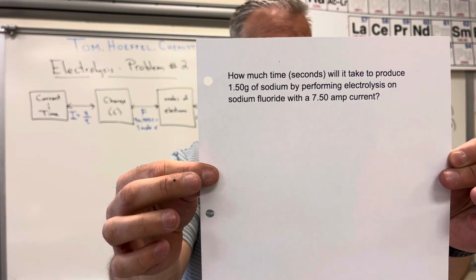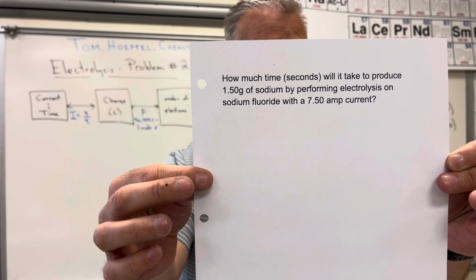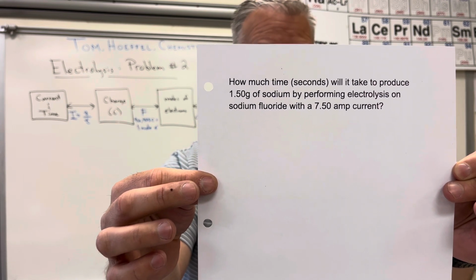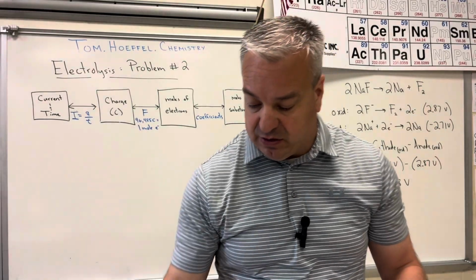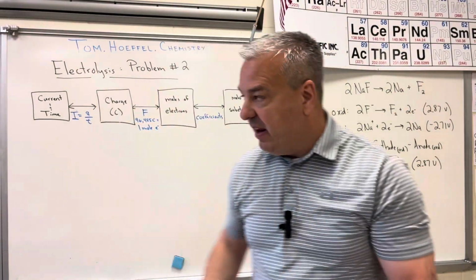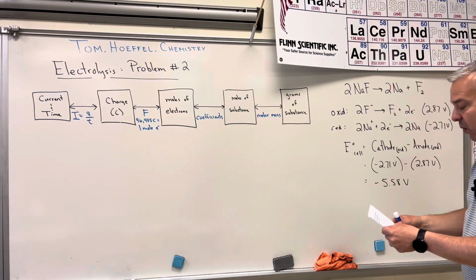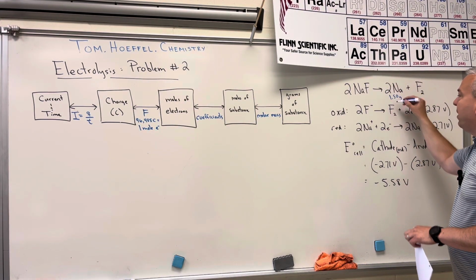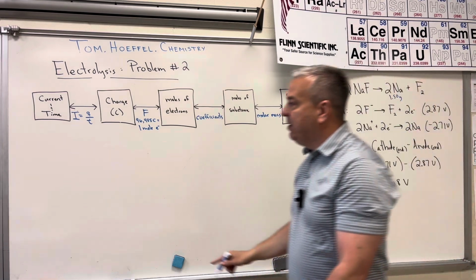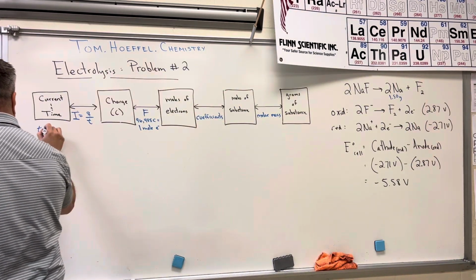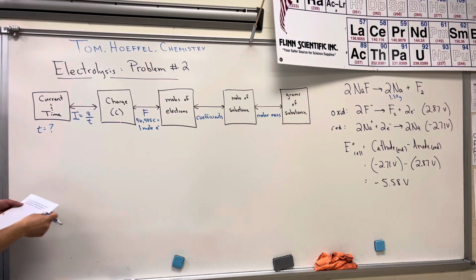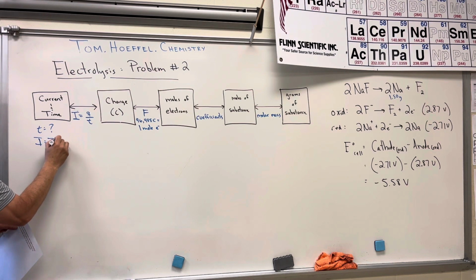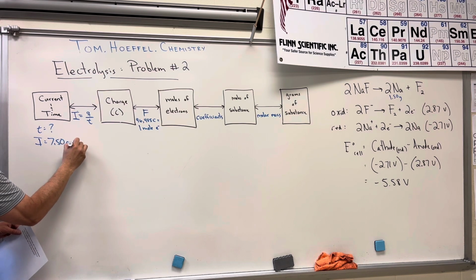If you want to pause the video and copy this down so that you can refer to it, that might be a good idea, or try it on your own, and when you come back, we'll be working on the problem. Okay, so if we look at this problem setup, we're going to make 1.5 grams of sodium, and we want to know how long it will take if we hook it up to something that has a current of 7.5 amps.